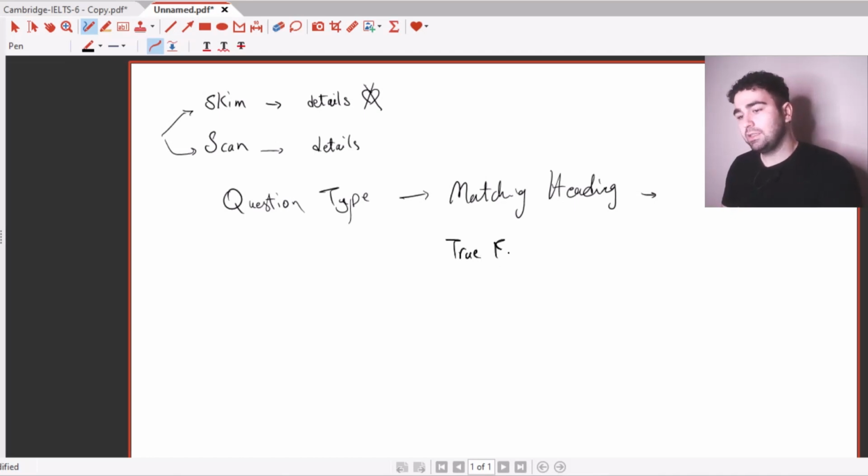Another case is true, false, not given. This requires scanning. This requires careful reading and looking for precise information, making calculations using your logic. So the point is, you have to choose your action based on the question.